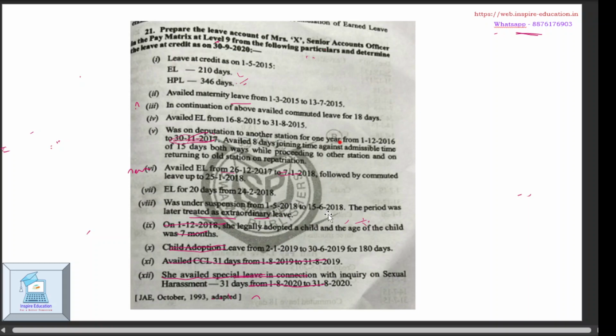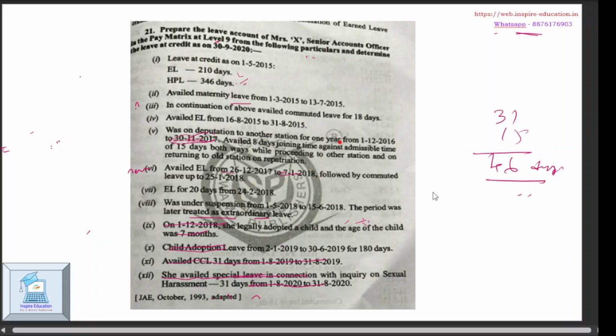This will impact the credit on the next accumulation of EL. So 1/5/2018 to 15/6/2018, we have to calculate number of days first. May month is having 31 days, and then 15 June, that means 46 days. 46 days was of EOL.